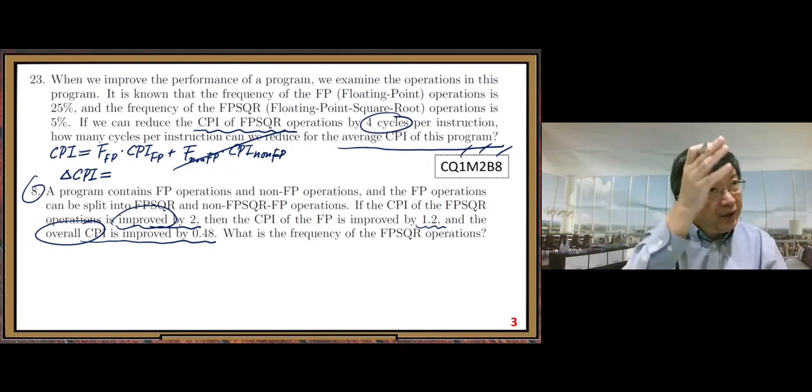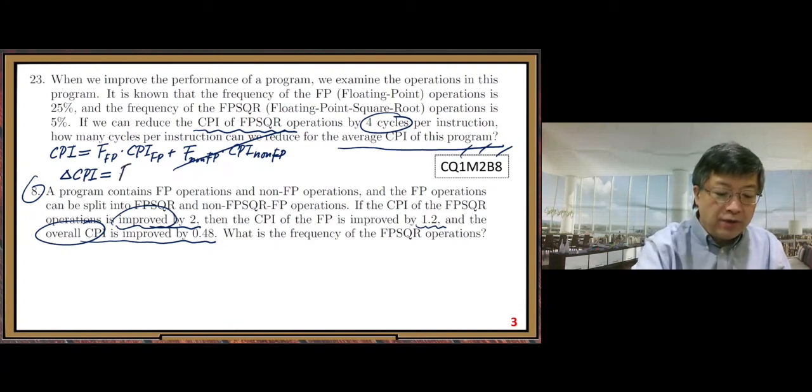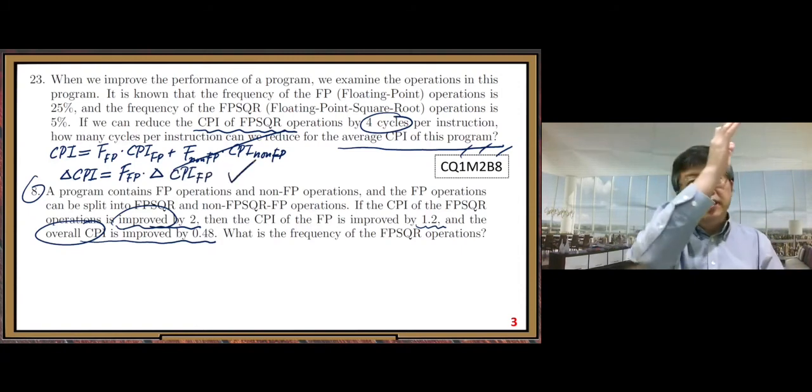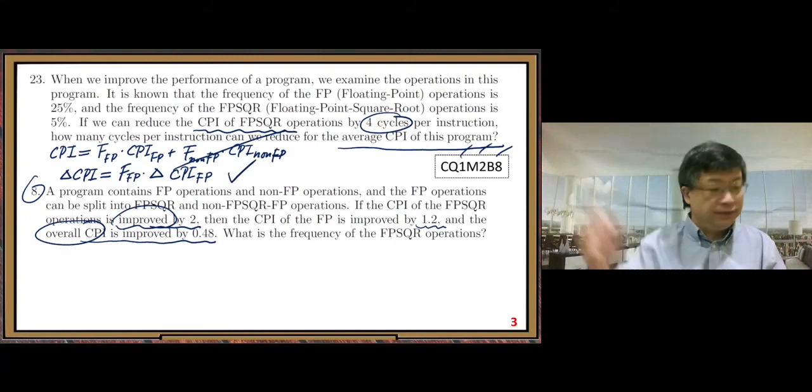Then we only need to look at the first term. In the frequency part there is no change. So delta CPI equals FP times delta CPI FP. This is our first difference equation.